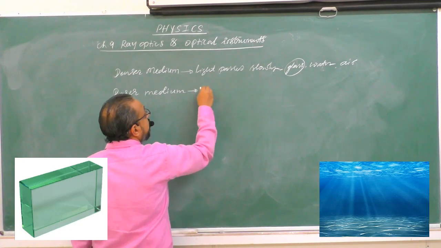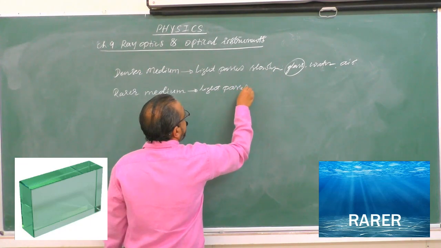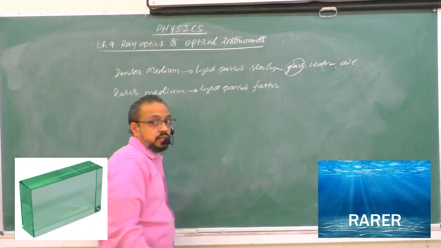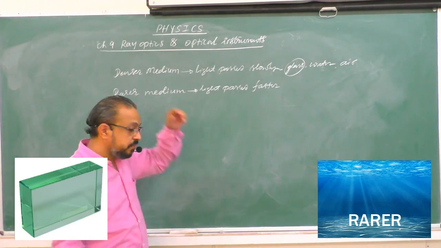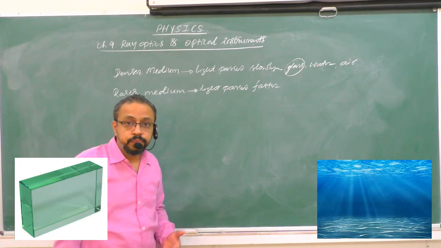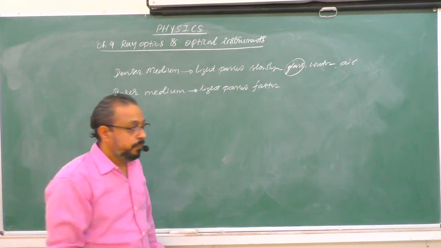In a rarer medium, light passes much faster. Such kinds of mediums we usually call rarer medium.